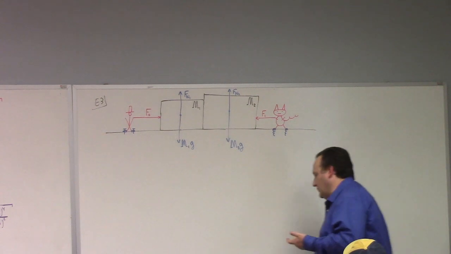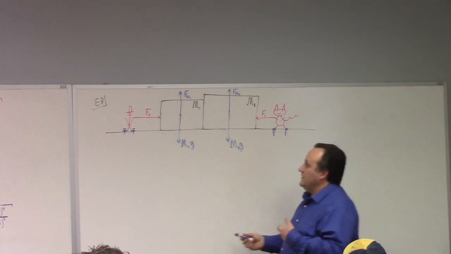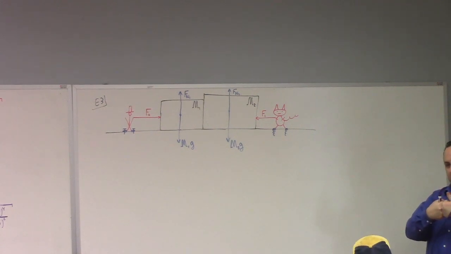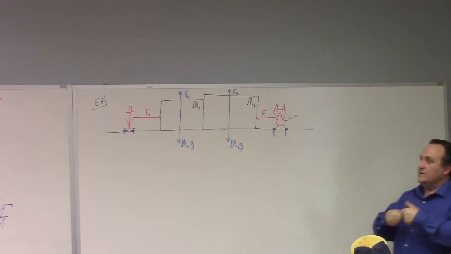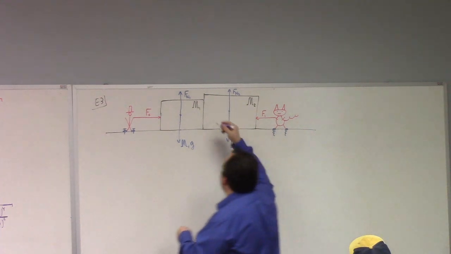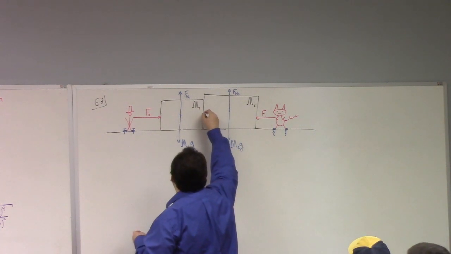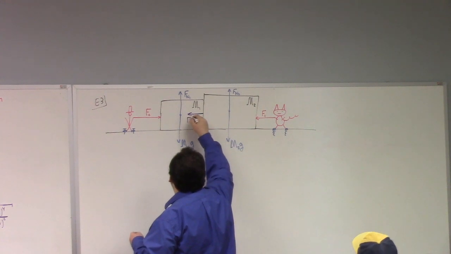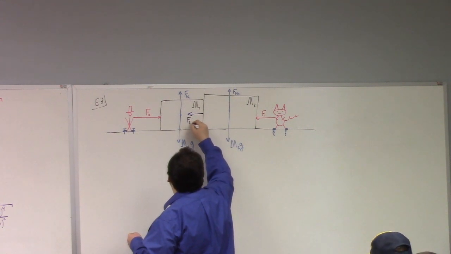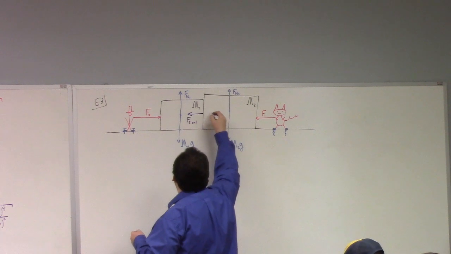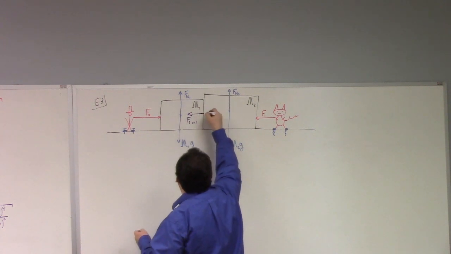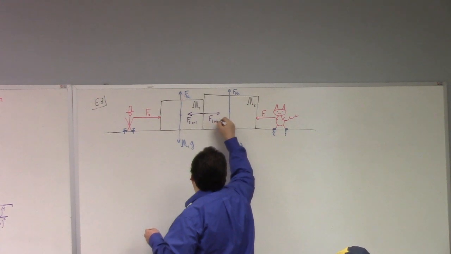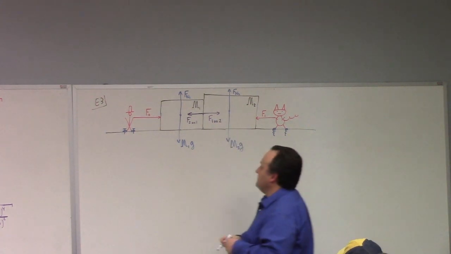What's interesting more is that there's a new force in town. There's the contact force between these two boxes. So you've got the contact force going this way. We could call this the force of 2 on 1 goes that way, but also the force of 1 on 2 goes that way.